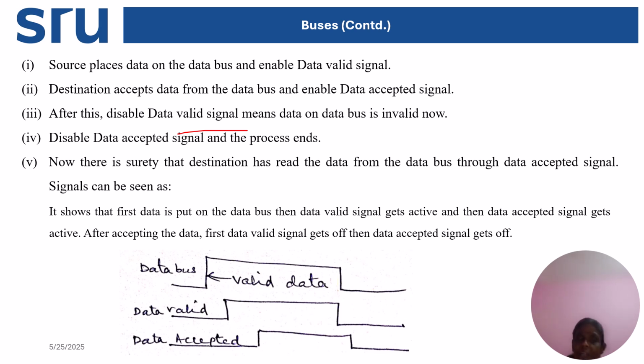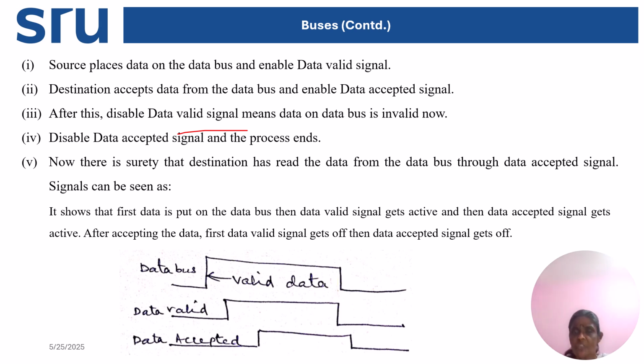And now there is surety that the destination has read the data, because the accepted signal is sent by the destination. It makes sure the destination has taken the data correctly and fully.